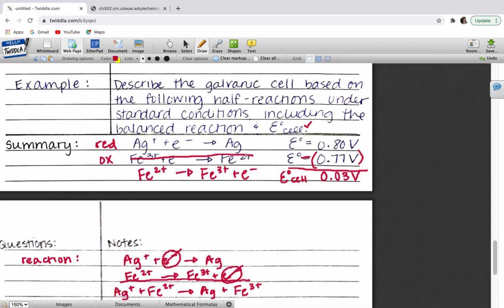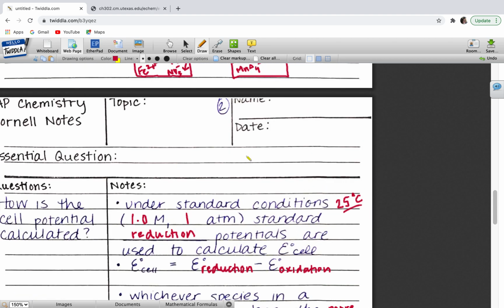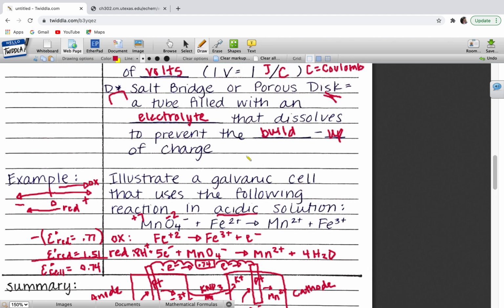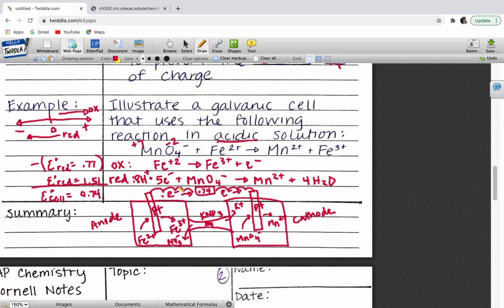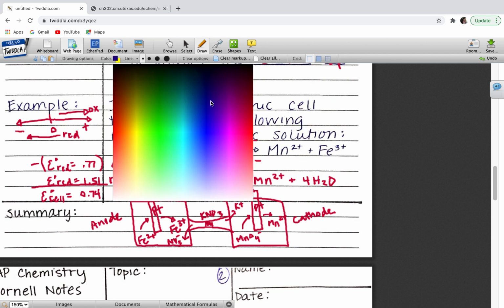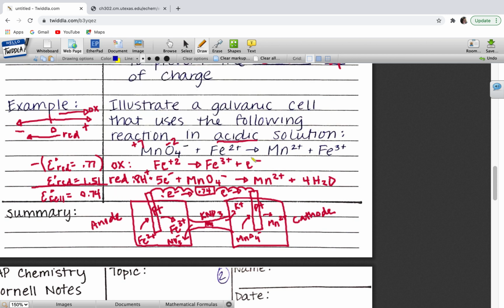Now I want to point something out. Let's go back to this first example we did, right? If I look back at this one, it actually wasn't balanced. You know what? I'm going to change colors on here just so you can see what I'm talking about. I had 1 electron being oxidized, 5 electrons over here being reduced.